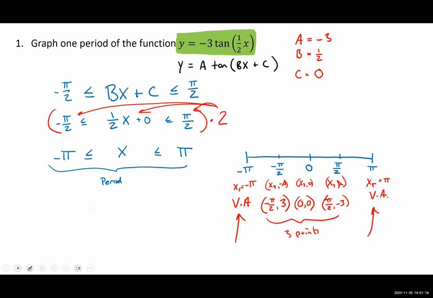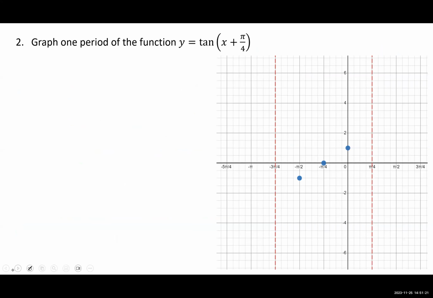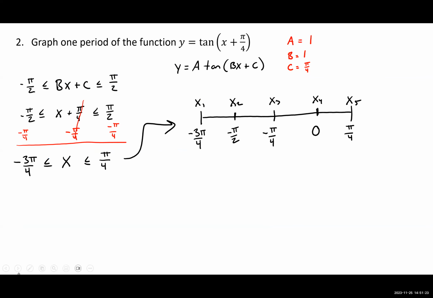All right, let me go back. We'll finish up this problem. All right, so we've got vertical asymptote, vertical asymptote. And then we've got the point x2 comma negative a, x3 comma 0.